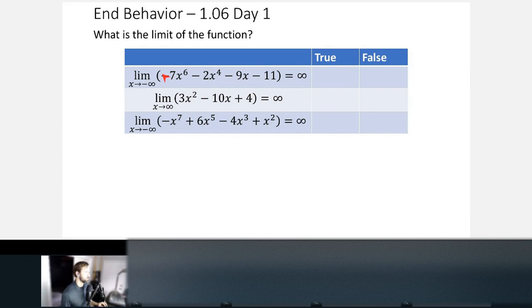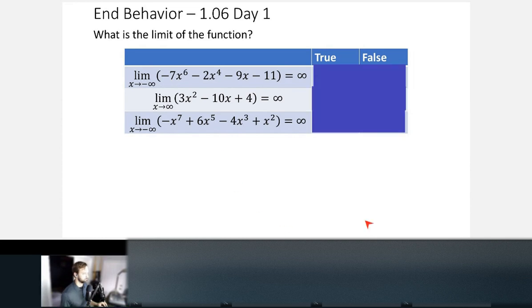We only care about the first term. This first term determines the end behavior. Well, it's even, so they both go up or they both go down. So what does this negative tell us? Yeah, it goes down, and the statement says it goes up. So is that true or false? Yeah, that's definitely false.